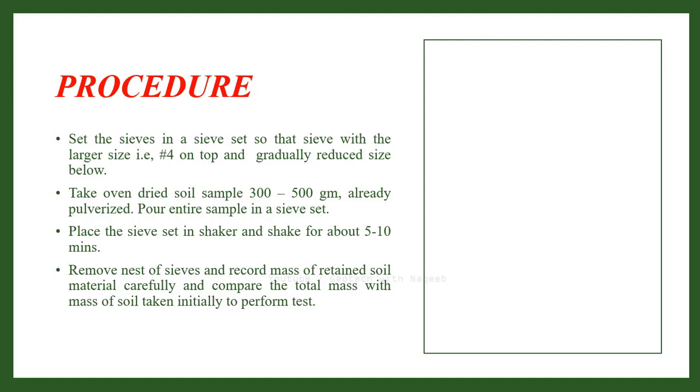And then the question is how much soil sample loss is allowable. For sieve analysis, the soil sample should not be lost more than 1%. If your loss of soil sample is more than 1%, then you have to repeat this test, and you have to perform the test carefully so that the loss of the soil sample is not greater than 1%.